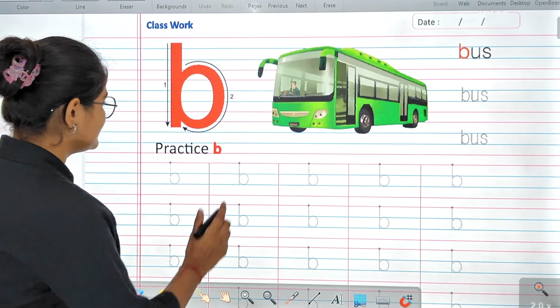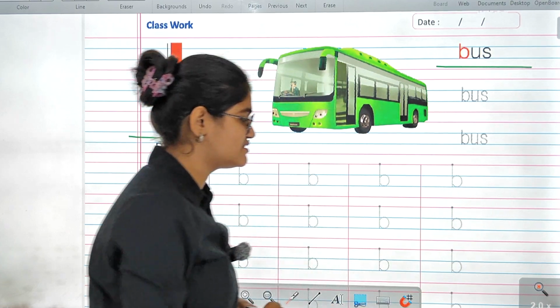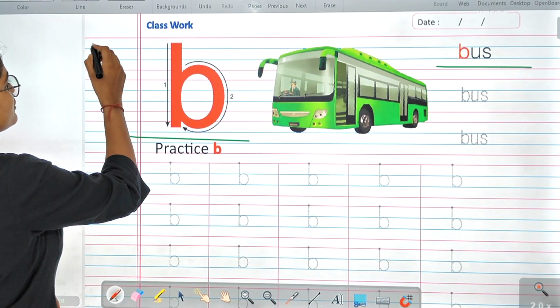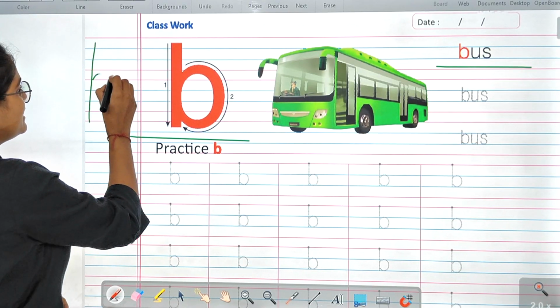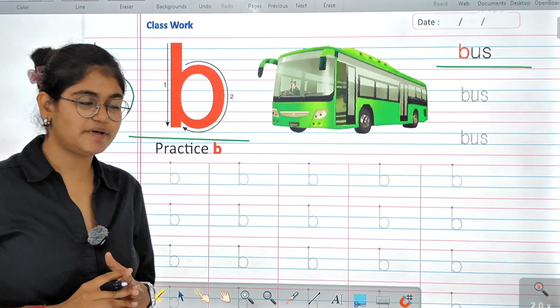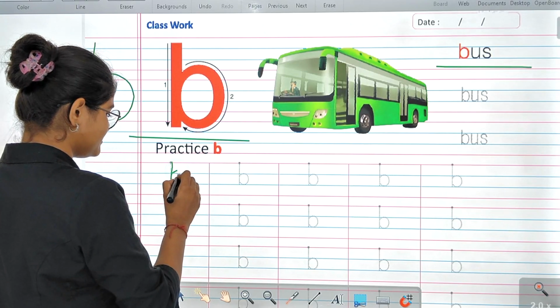Now the next letter is B, and B stands for bus. Let's now learn how to make B. First of all we are going to make one standing line and then a curve like this, and we are simply able to make B. Now let's make them in proper lines.